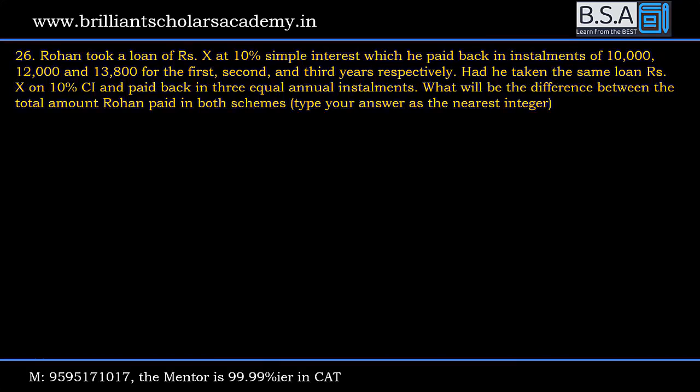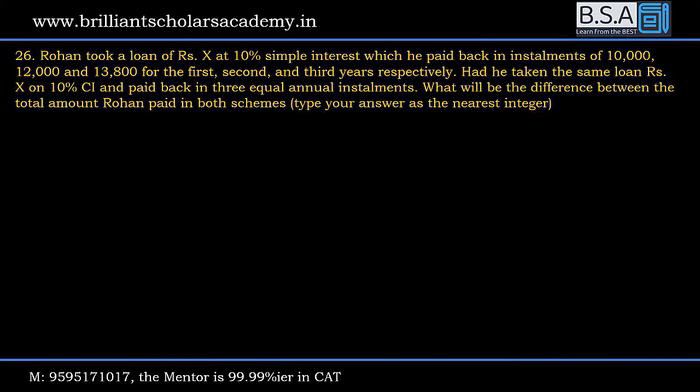Rohan takes a loan of X rupees at 10% simple interest. He paid back in installments of 10,000, 12,000, and 13,800 for first, second, and third year respectively.